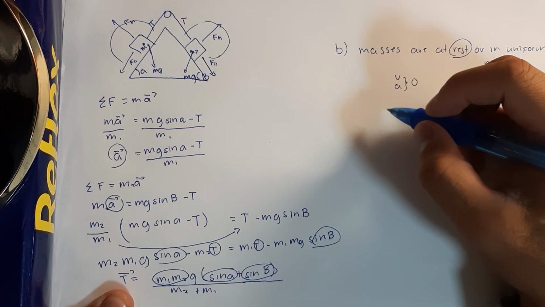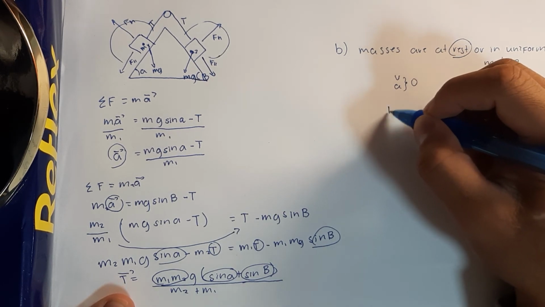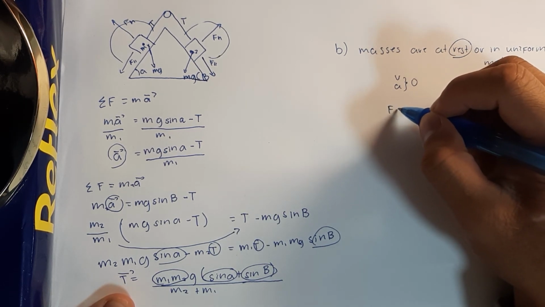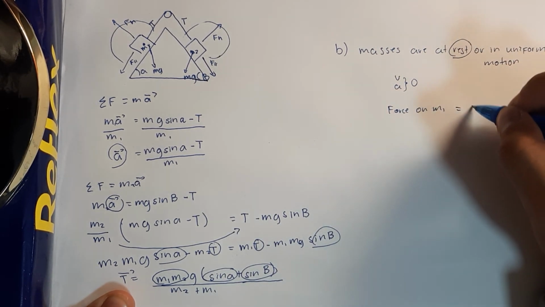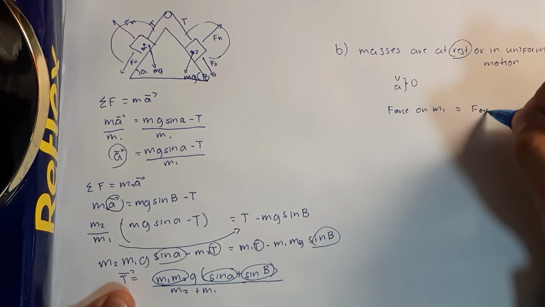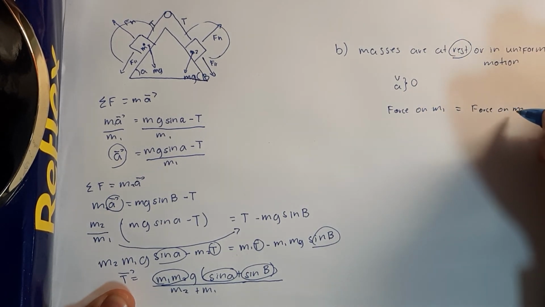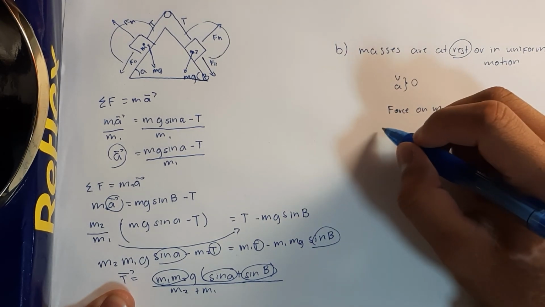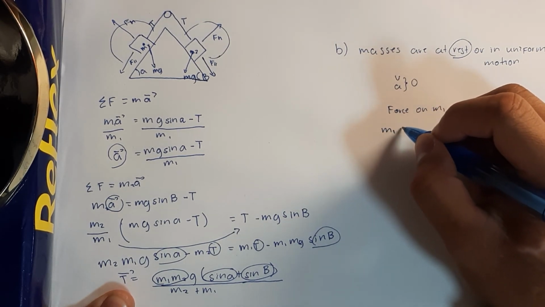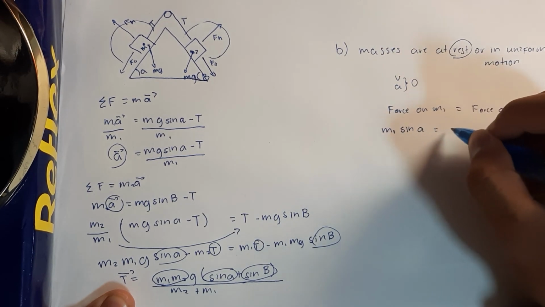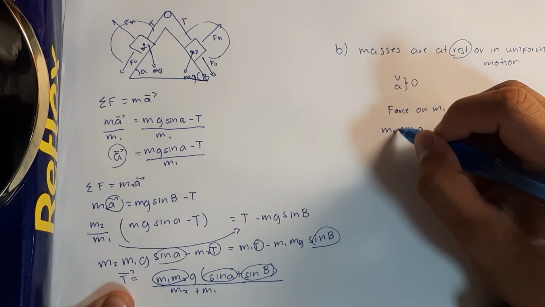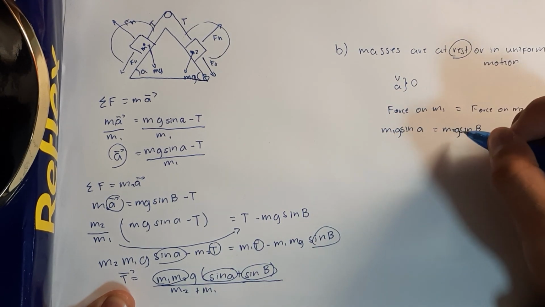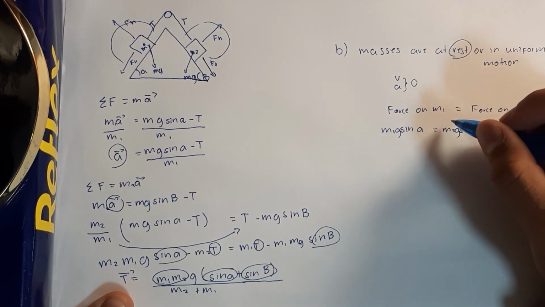Right, so the force on M1 should be equal to the force on M2. Now we can get that by M1 sine alpha equals M2 sine beta. Oh no, wait, there should be a G here and G. So that's the force on both sides.